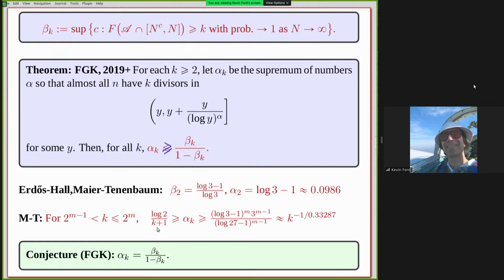So the takeaway here is that the upper bound is something like 1 over k, and the lower bound is 1 over k cubed, roughly. Okay, so again, there's a rather large gap between those. Another takeaway from this is that the lower bounds are the same for every k between consecutive powers of 2. So in particular, Maier-Tenenbaum's lower bound for k equals 3 and k equals 4 are exactly the same.